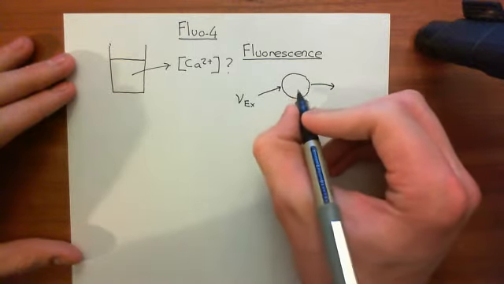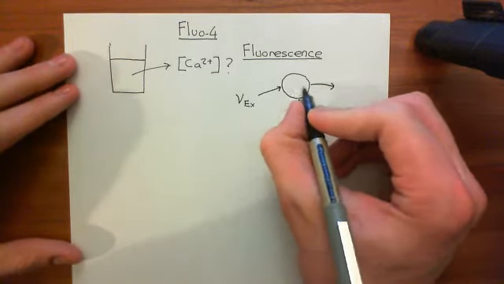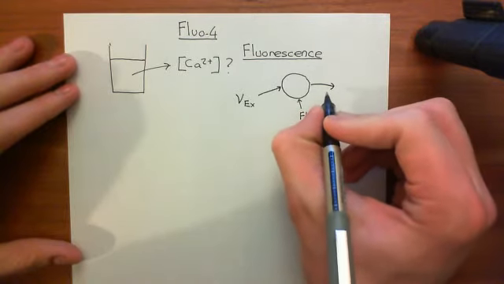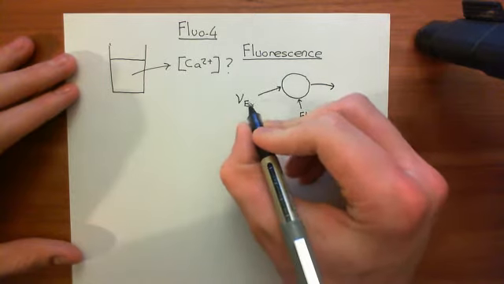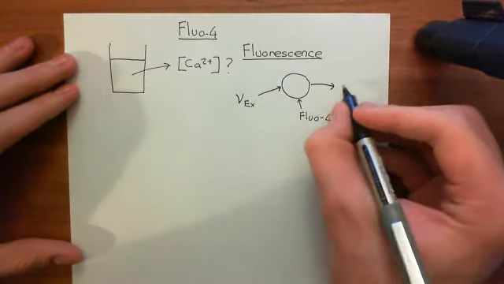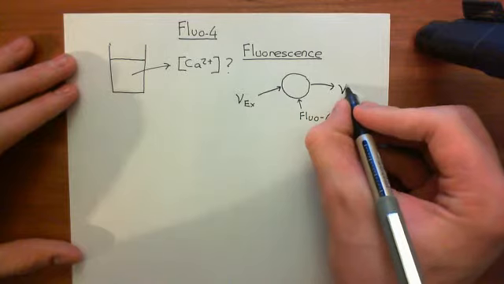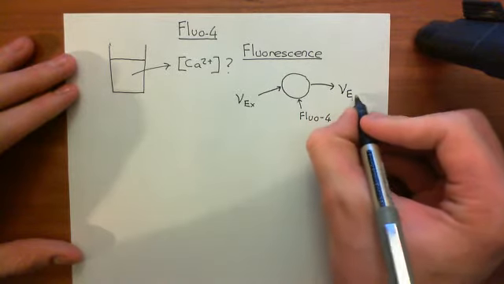It will gain some energy, and it can then re-release that energy in the form of another photon, but this photon will have a lower frequency than this photon over here. Okay, so this photon will be the frequency of emission.